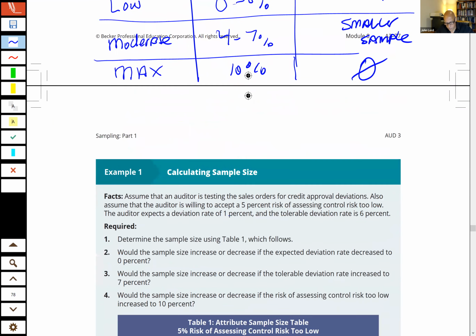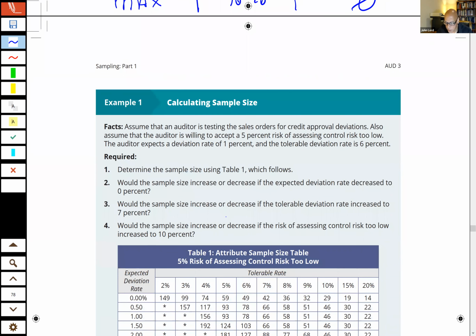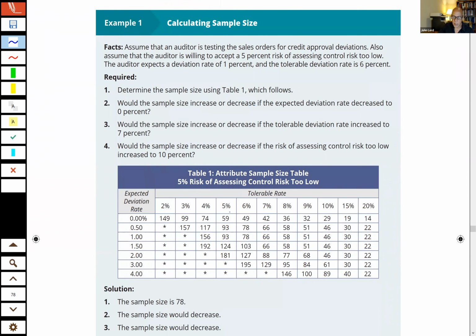Now we come over. And this is where this example gets really good because they literally have pulled some tables from the AICPA's sampling audit guide that you would use in determining sample. Now, these days, they probably have software too that does this, but the software is drawing information from the way this table works, okay?